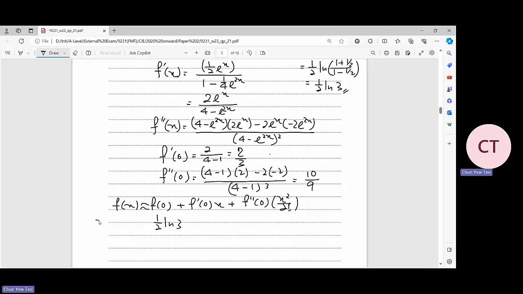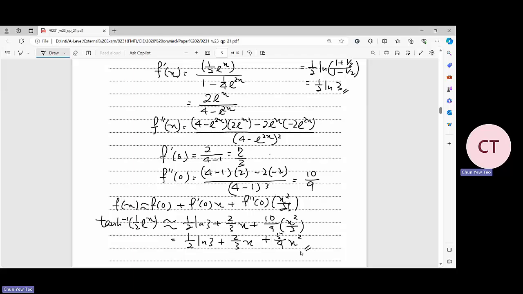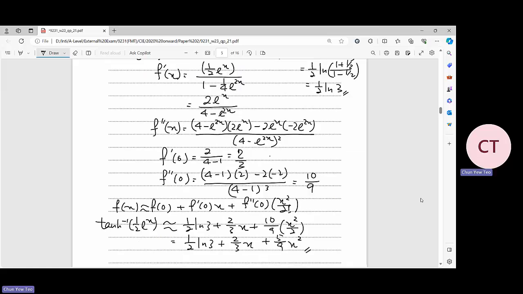So arctanh of half e power x is approximately equal to half ln 3 plus 2 over 3 x plus 10 over 9 of x squared over 2. Then it equals half ln 3 plus 2 over 3 x plus 5 over 9 x squared. Done. That will be the answer for question number 3.